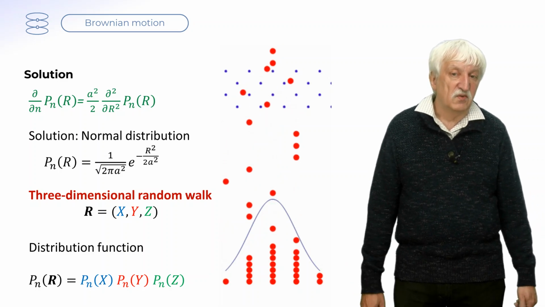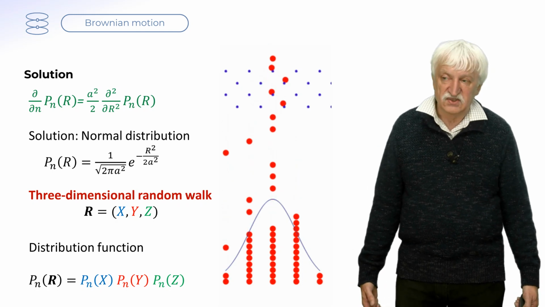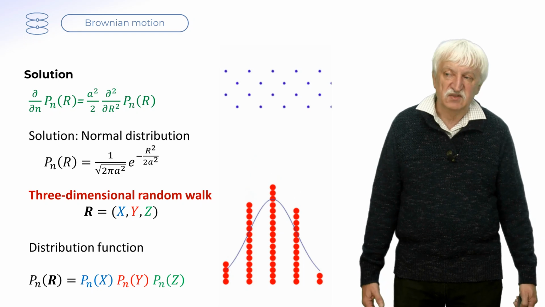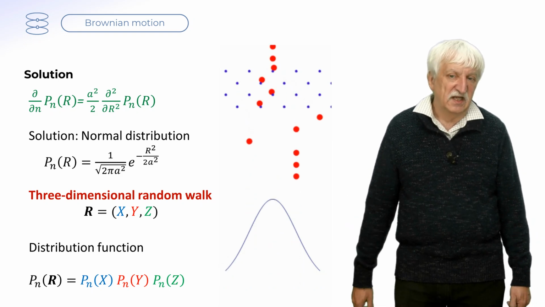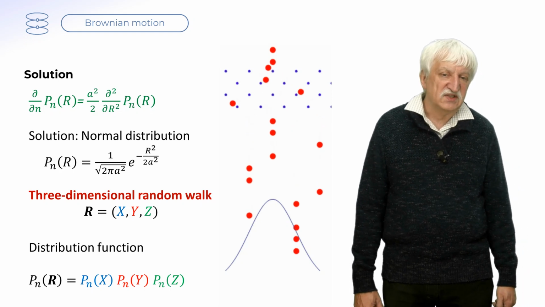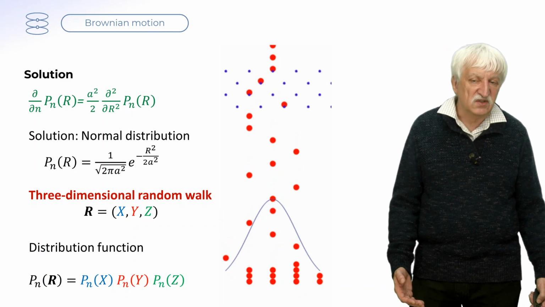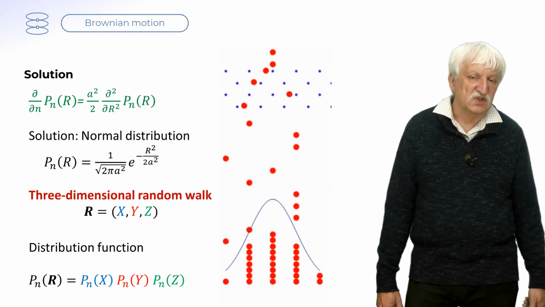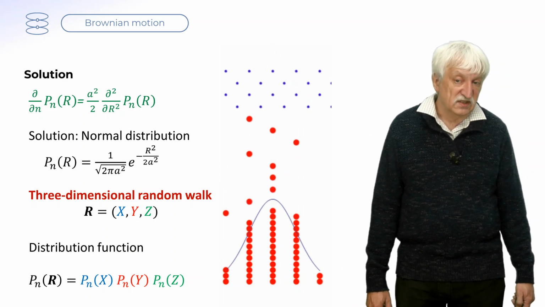Before, we talked only about the one-dimensional problem. So it's not a real motion of the drunken man, it's a motion of the drunken man along only a straight line. If we want to consider a real two-dimensional or three-dimensional random walk, we have to introduce three coordinates, x, y, and z.